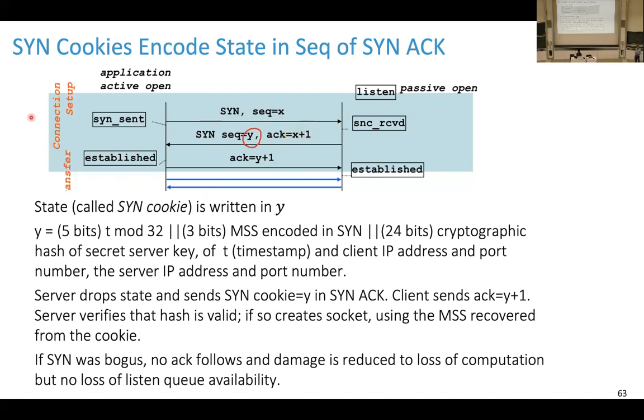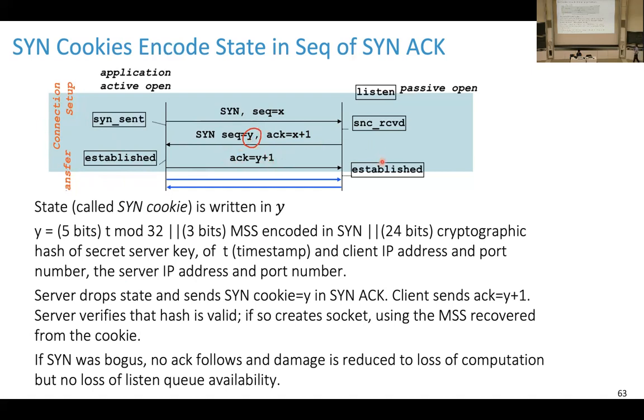Then the client will receive it. And if the client is a legitimate client that would like to do a true TCP connection, it will do as all clients do. It will send an acknowledgement. And this acknowledgement will be the previous sequence number, which is the cookie, plus 1.